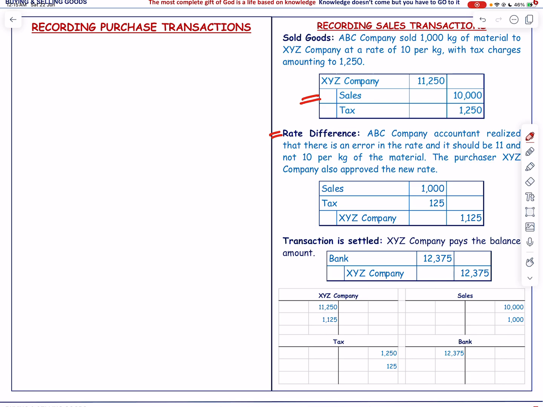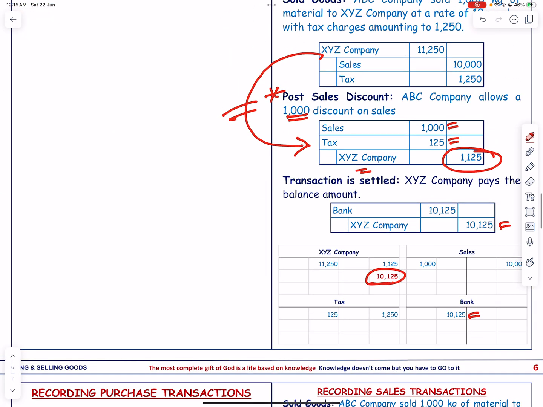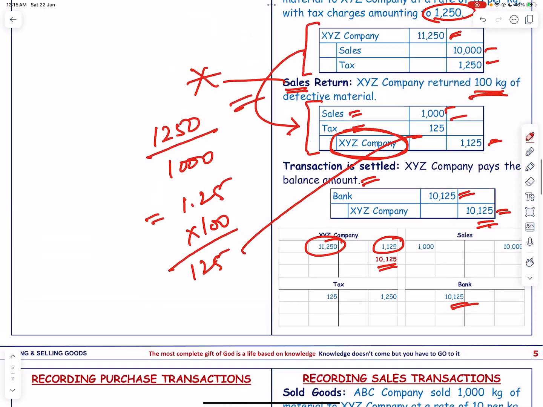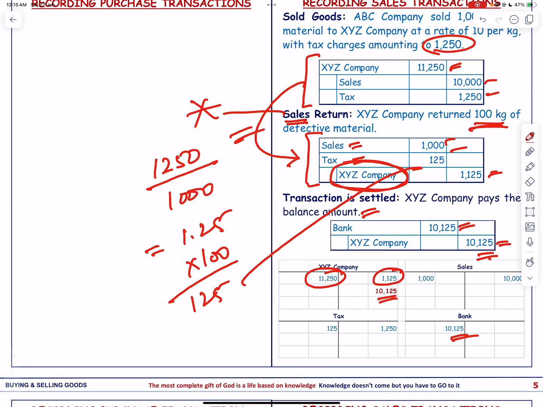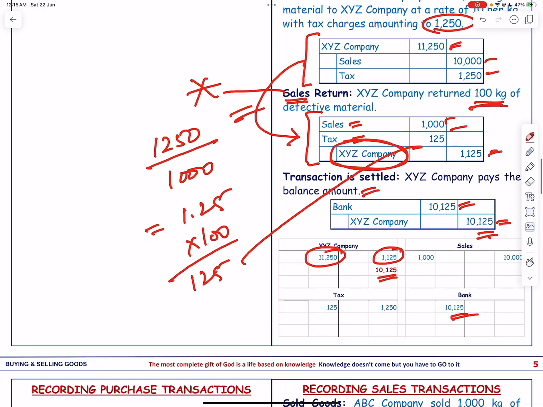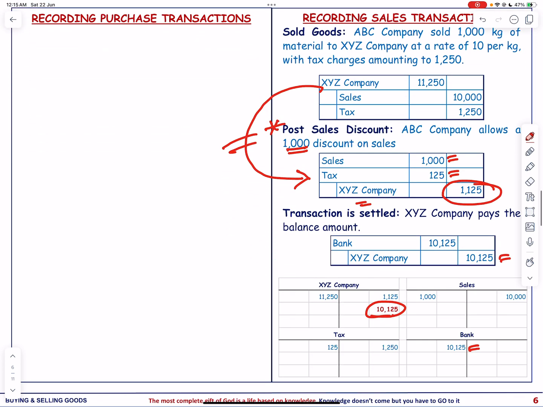It is important to note that the transactions in this regard will be the same as for the post sales discount or the sales return. So I am not going to repeat this scenario again.